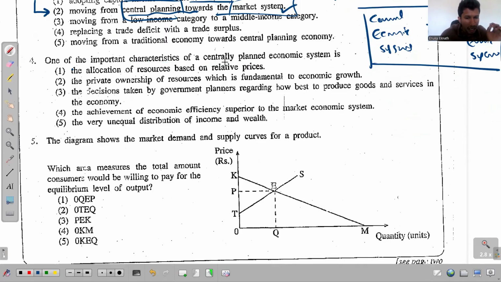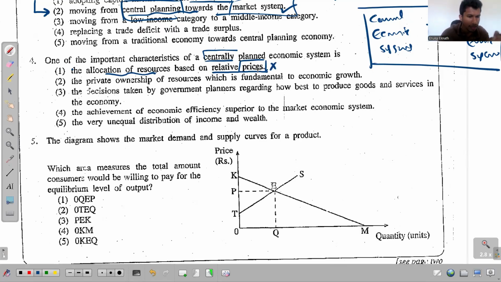No, if it's a centrally planned economic system, in simple terms, if it's a command economic system, we don't have any function for price. We do not use price as a guiding device. We don't use price to allocate resources in a command economic system.